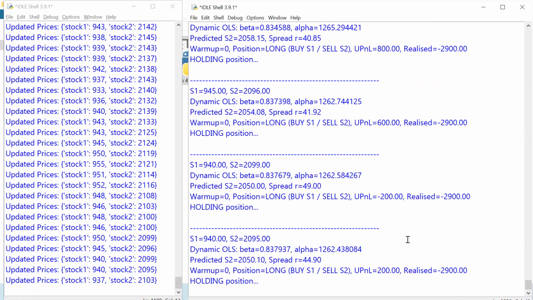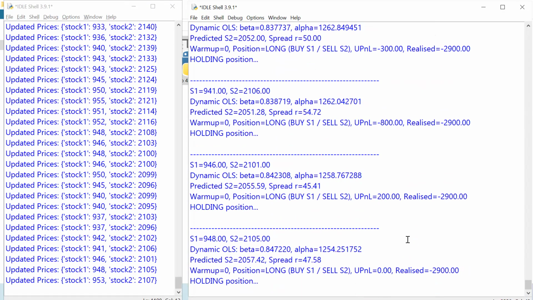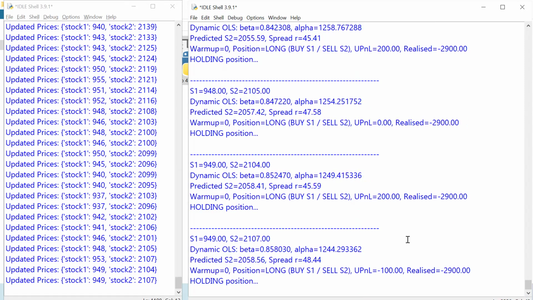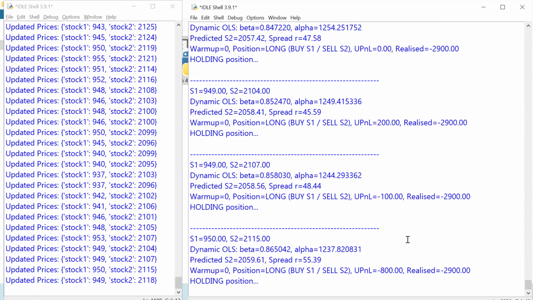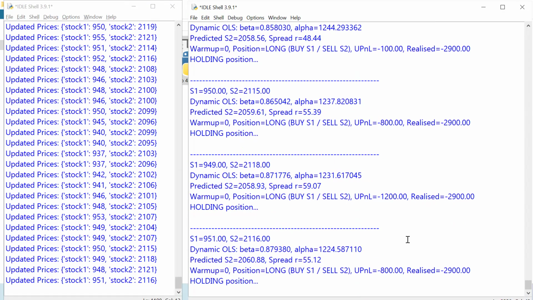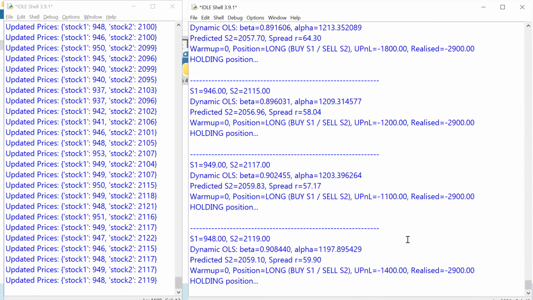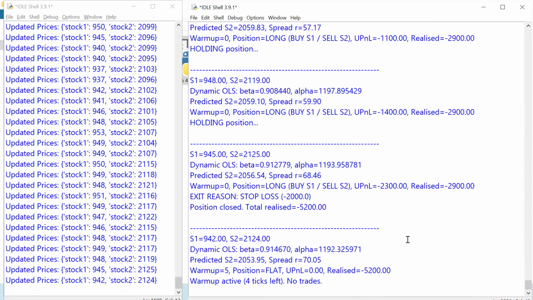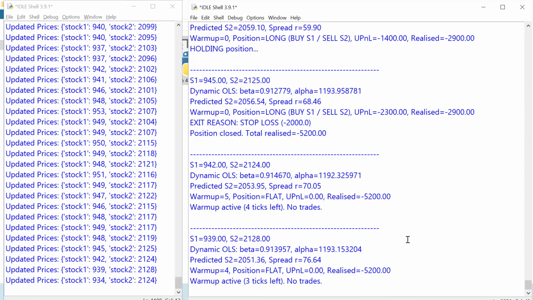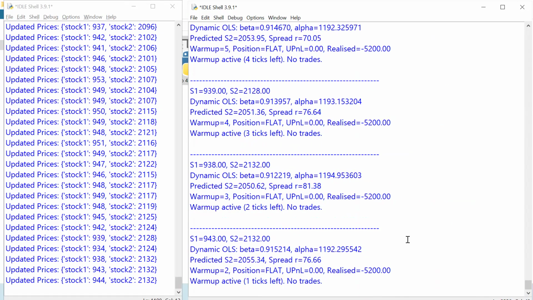We again enter the trade. Market is, okay, sell S2, buy S1, because the spread is positive. Okay, we got a loss, no problem. So we need to keep on running this until we are satisfied.